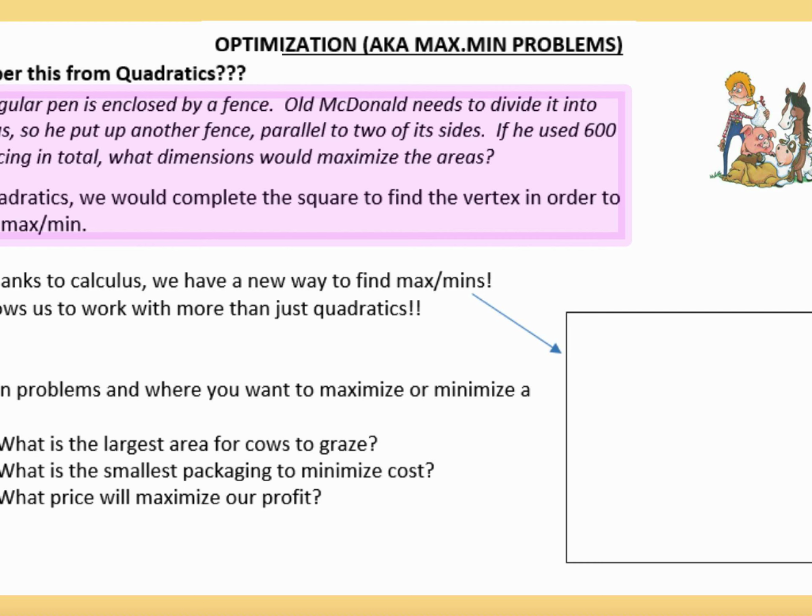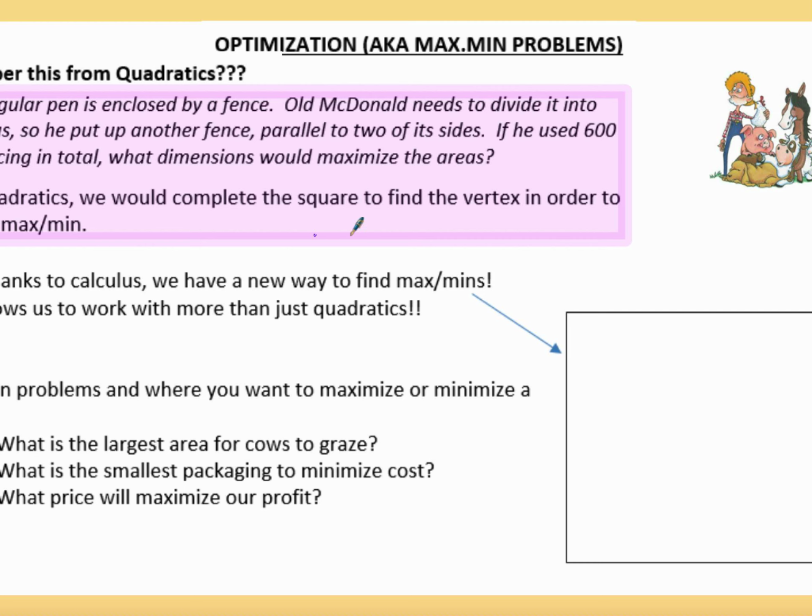So remember from quadratics, we had a problem like this way back in the day, and we wanted to maximize area. And now that we know derivatives and we know that we can calculate the first derivative and find where it's equal to 0, and we'll find maximums and minimums, or extrema, we can use that skill now, and it's going to save us a lot of time.